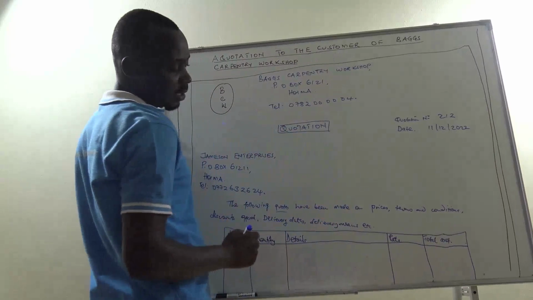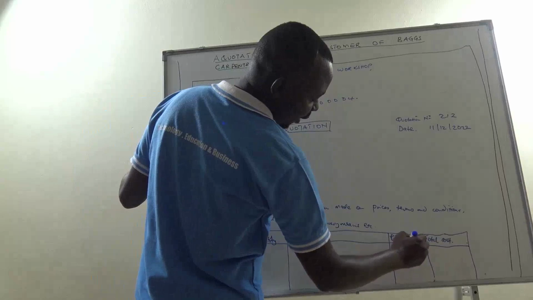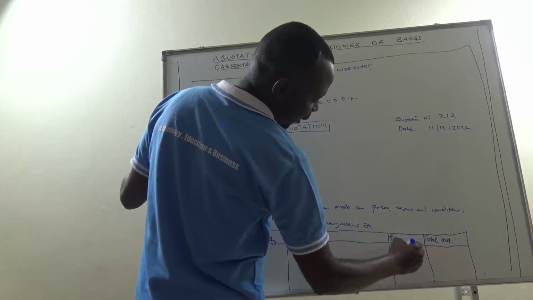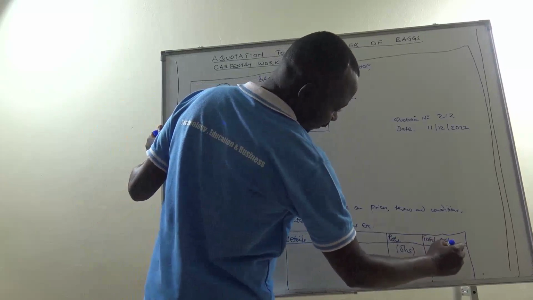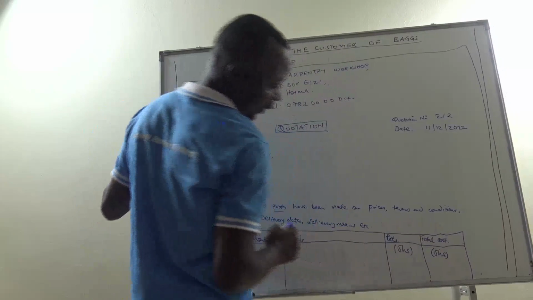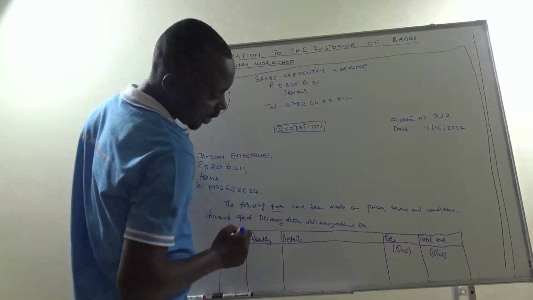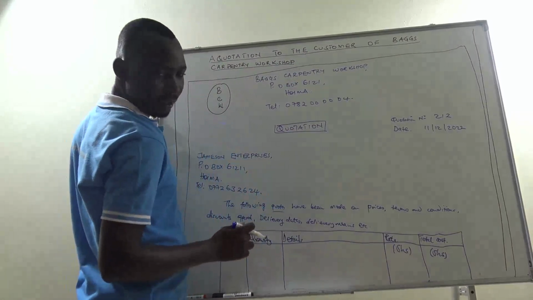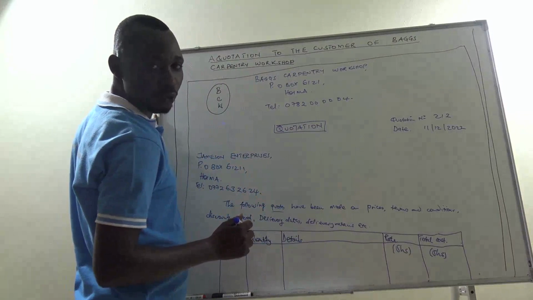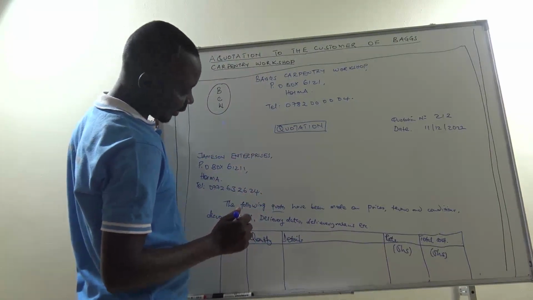As we said, the currency units have to be put there. As you know very well, if you don't put the currency units, your marks are deducted. In fact, you lose 50%.